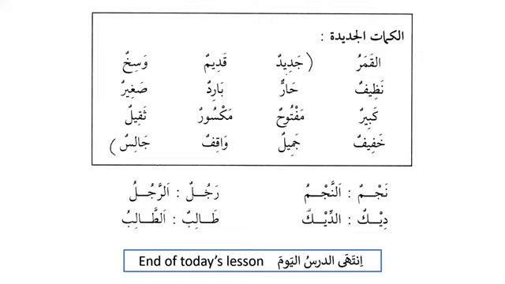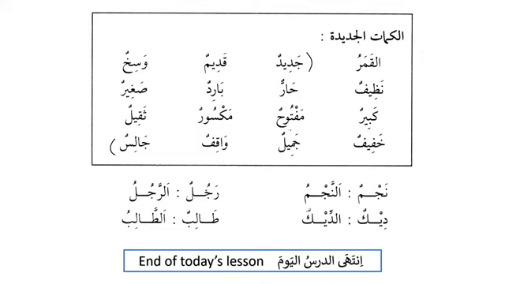So jadidun is new, qadimun old, wasikhun dirty, nadifun clean, harun hot, baridun cold, saghirun small, kabirun big, maftuhun open, maksurun broken.